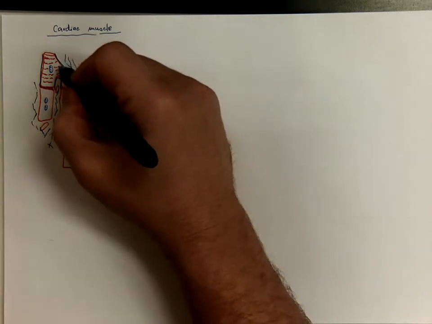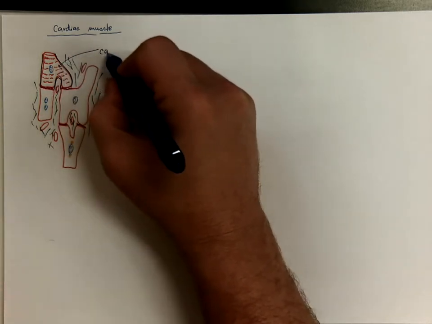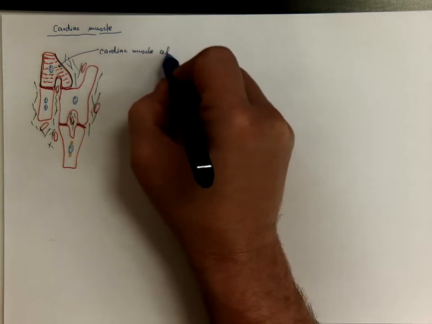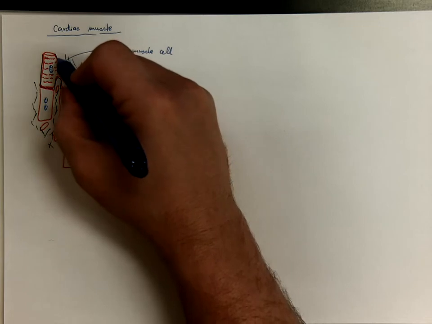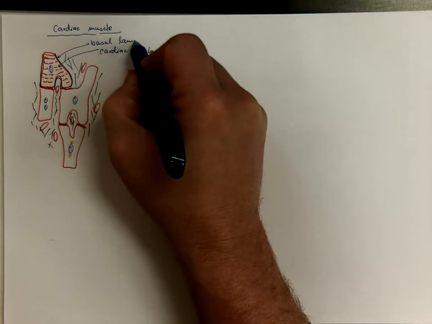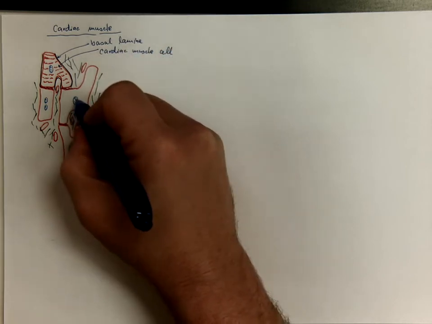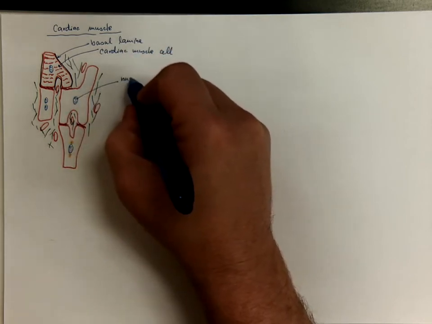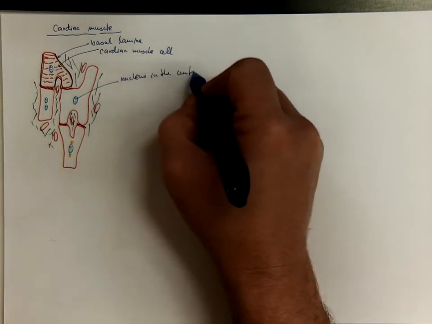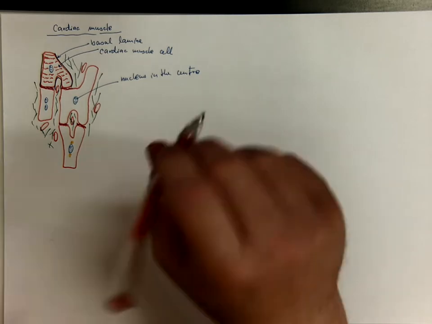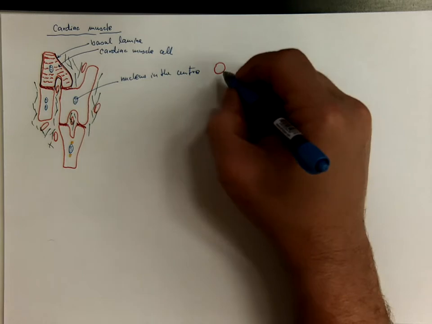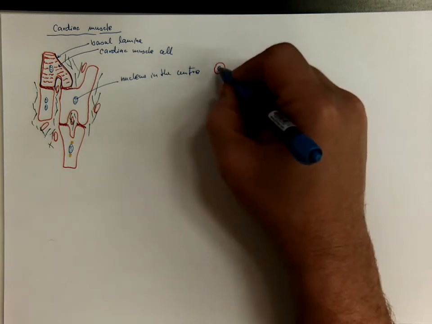So we've got the cardiac muscle cells, surrounded by the basal lamina. The nucleus is in the center. Therefore, if you have a cross-section, you would see the nucleus like this, approximately.